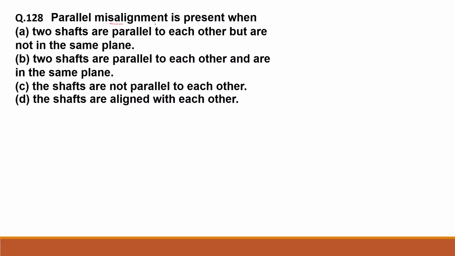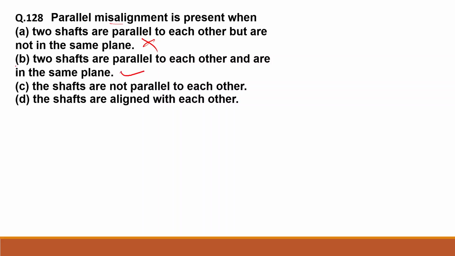Parallel misalignment is present when? First I will go here. Two shafts are parallel to each other but are not in the same plane. This one is wrong. Two shafts are parallel to each other and are in the same plane.